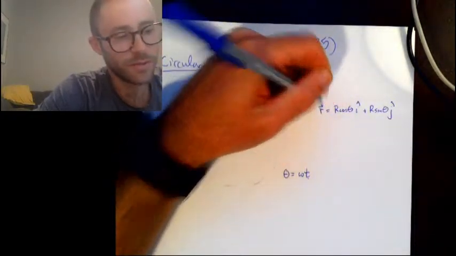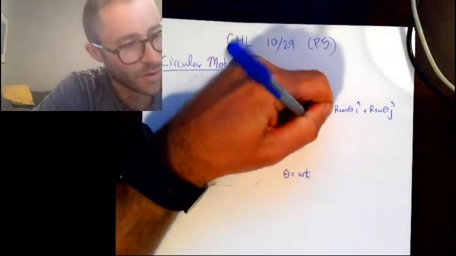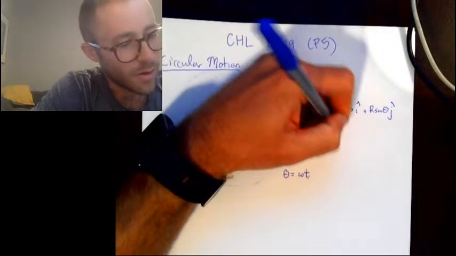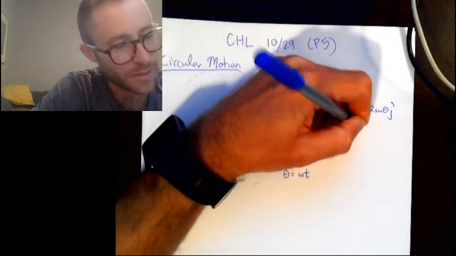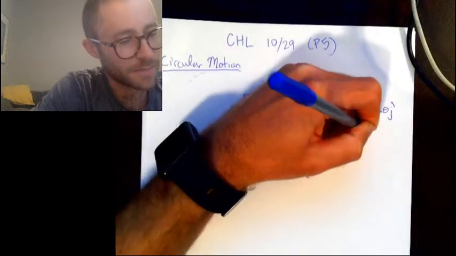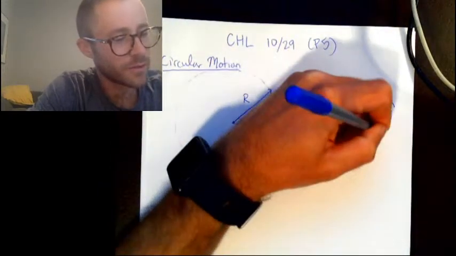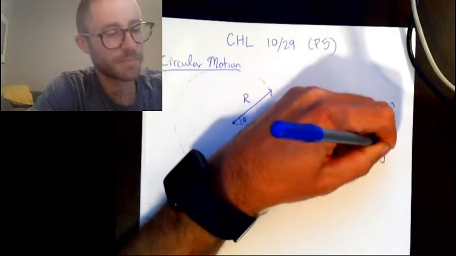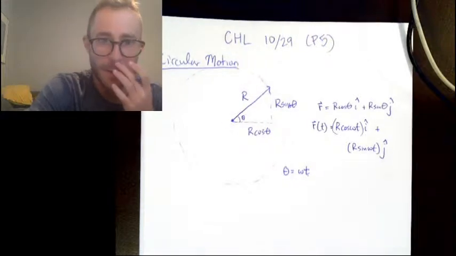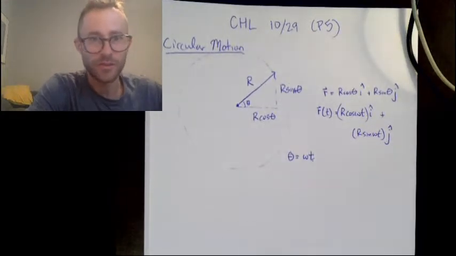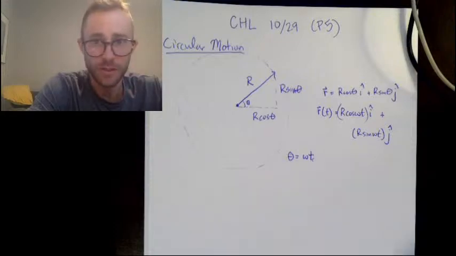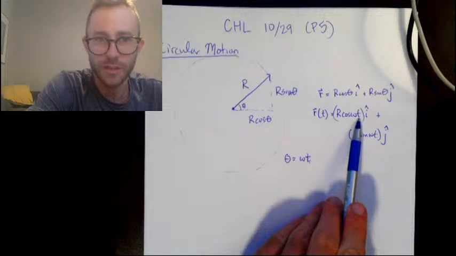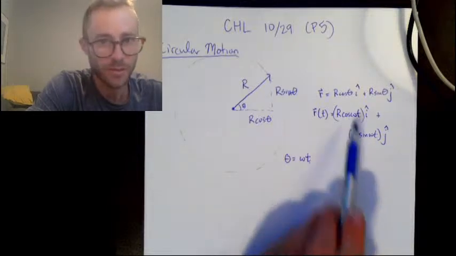So if something is moving in a circle, its r of t is going to be r cosine of omega t times i hat plus r sine of omega t times j hat. This is the vector representing something moving in a circle. It makes an angle theta, but the theta is changing as time goes on. So the argument of the sine and the cosine are changing.